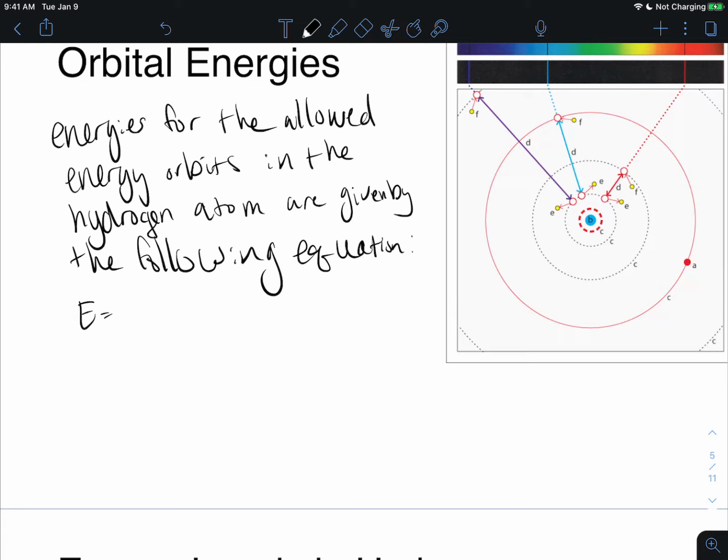Energy is equal to negative hcR_H times 1 over n squared.